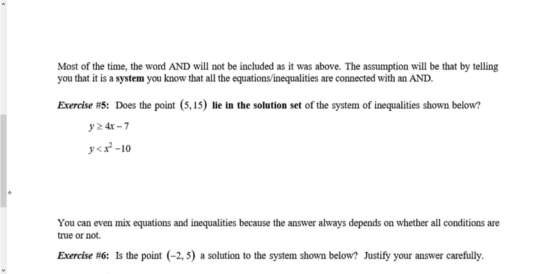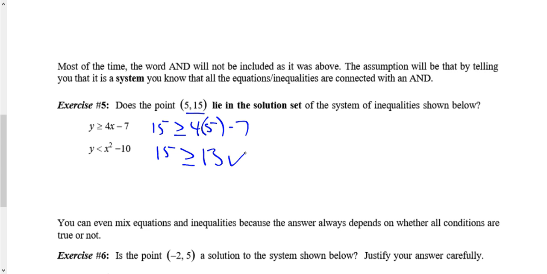So let's see if 5, 15 is a solution to this system. Let's plug it in. So we'll do the first one. Is 15 greater than or equal to 4 times 5 minus 7? That's 20, right? Minus 7 is what? Okay, so it works in the first one, yeah?